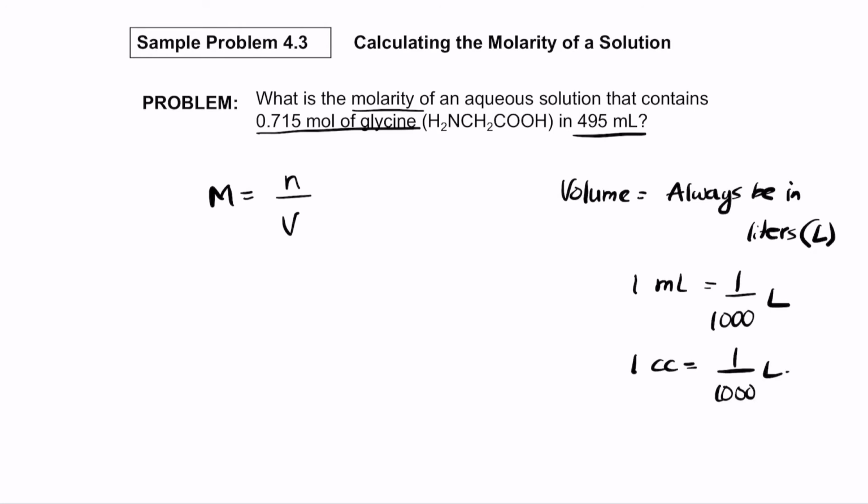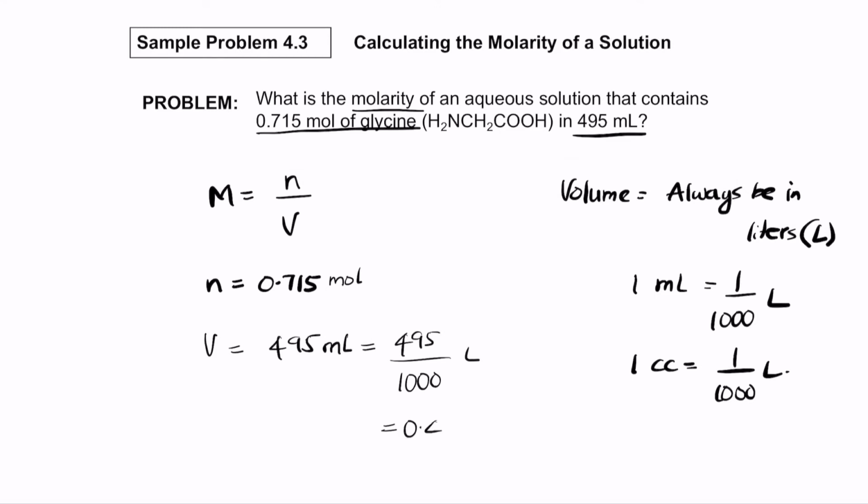The number of moles given in the problem is 0.715 mole, and the volume is given as 495 ml. To convert it into liters, divide by 1000. So 495 over 1000 liters becomes 0.495 liters.